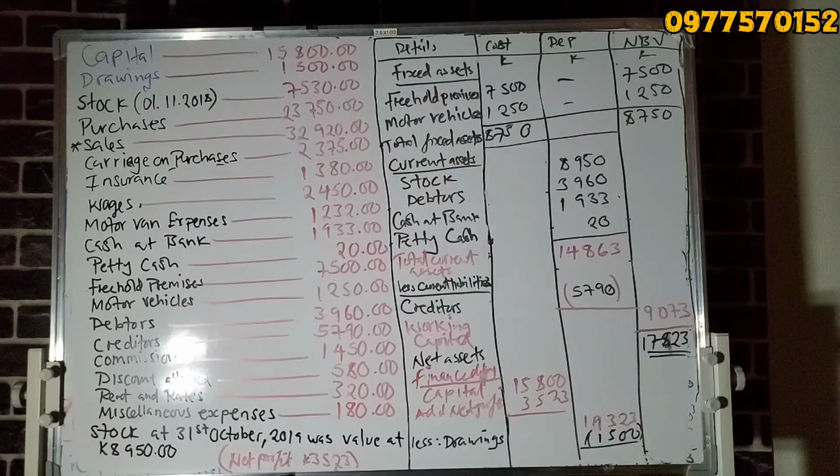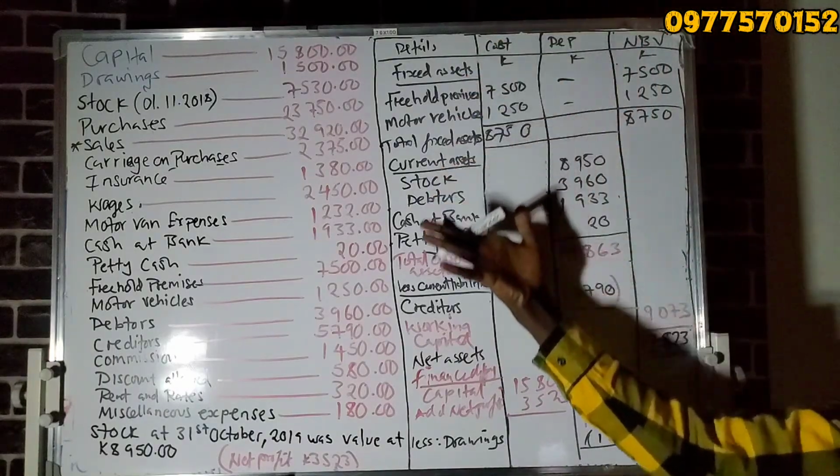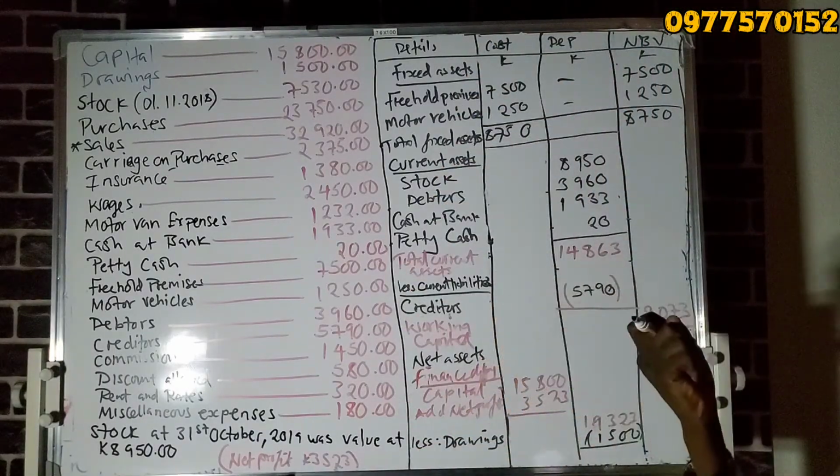Before we find the final answer, remember what I told you earlier, that this is the first time answering this question because someone requested it. I've never done this question before, so we're trying together to see if it will balance. Sometimes you may make a mistake.